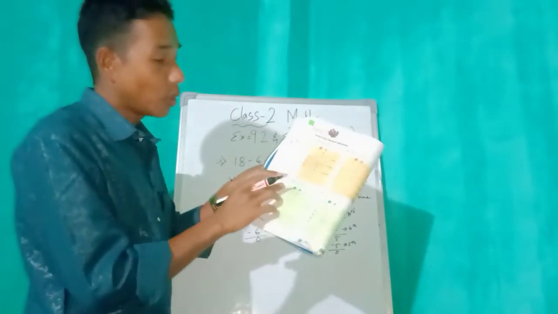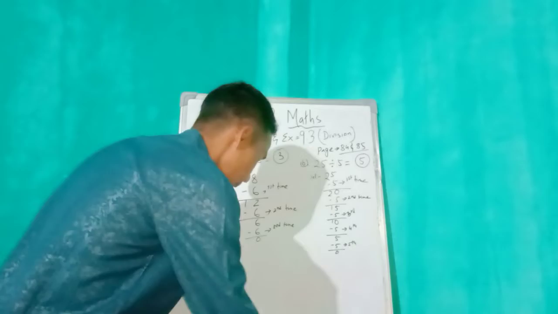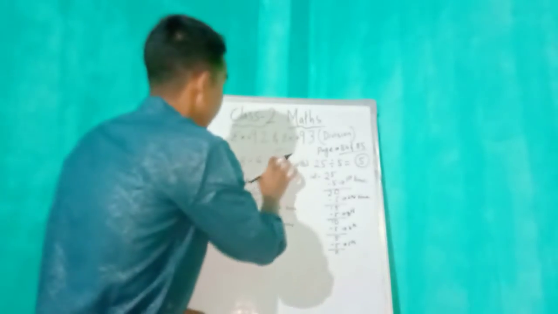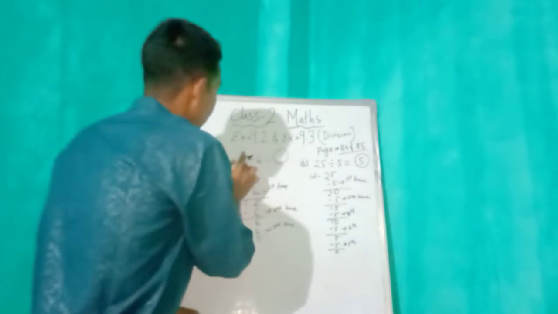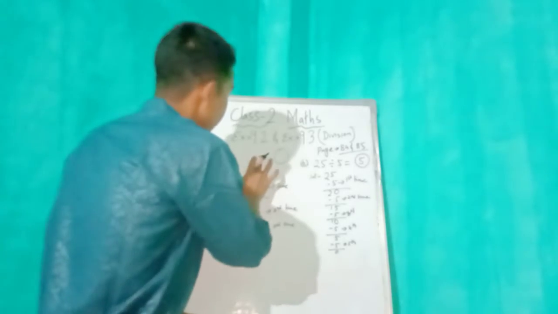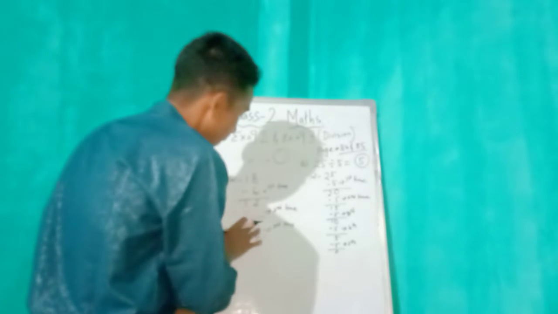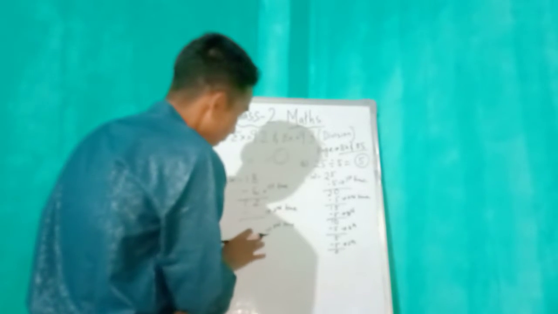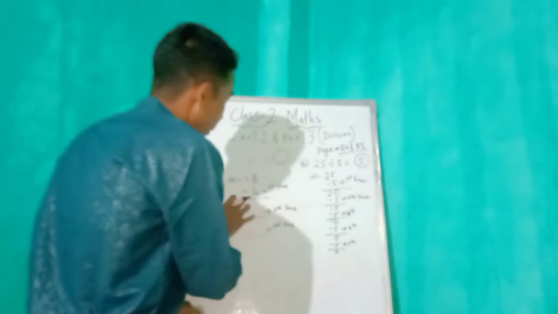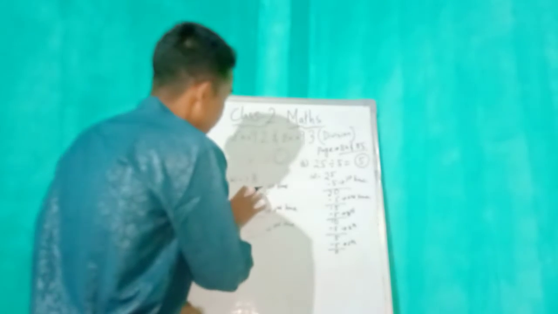See here, we are going to do number C. What is given there? I'm going to write this one.